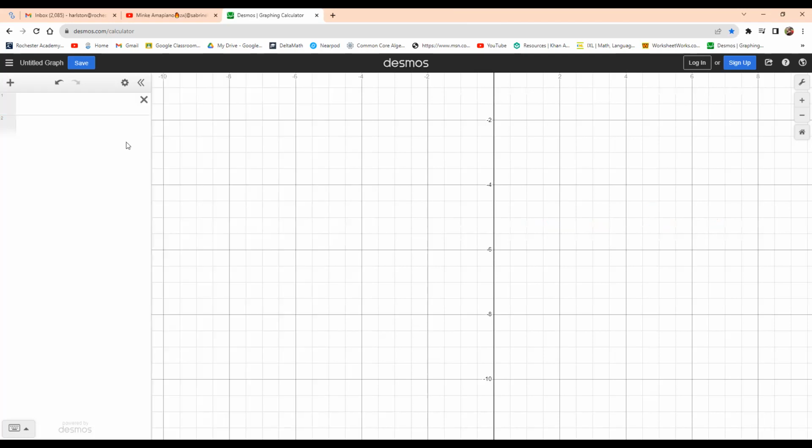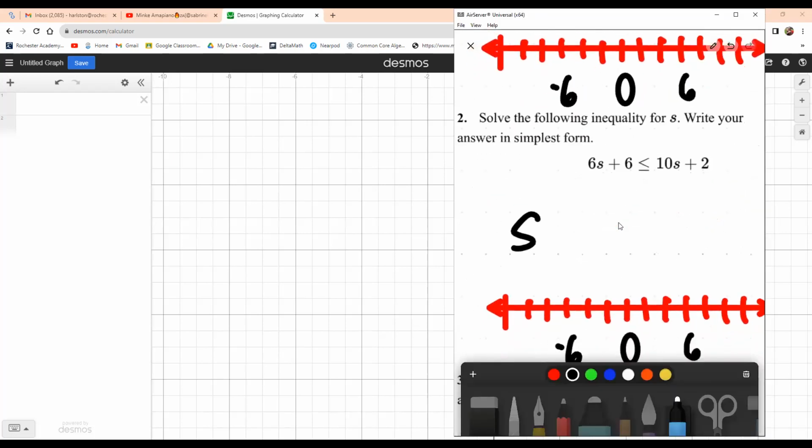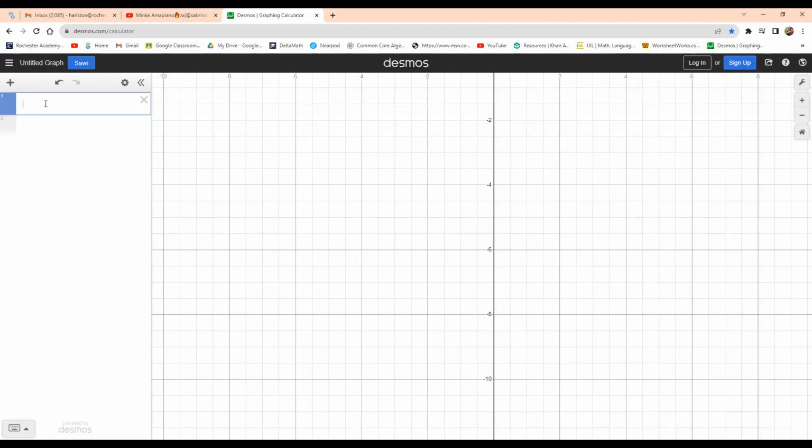So I'm going to click this off, and then go to number 2. The second one is 6s plus 6 is less than or equal to 10s plus 2. There was something that I forgot to mention in the last one, but I'm going to make sure I point out the difference here. So right now I'm going to type 6x plus 6, and then less than or equal to.